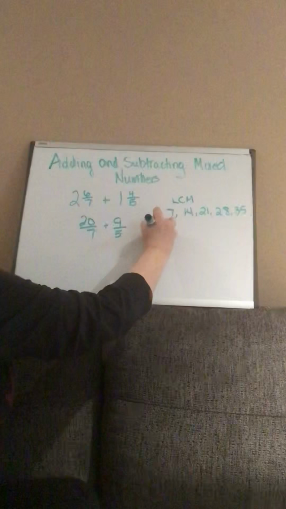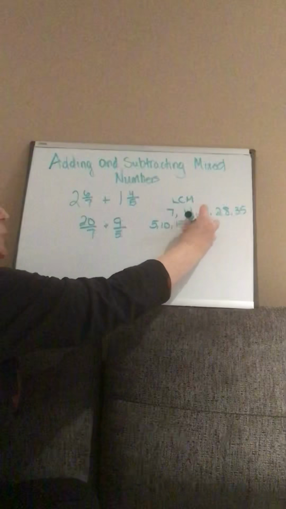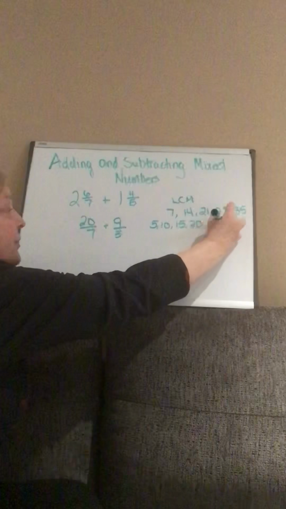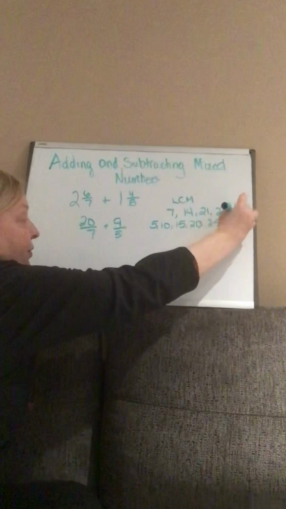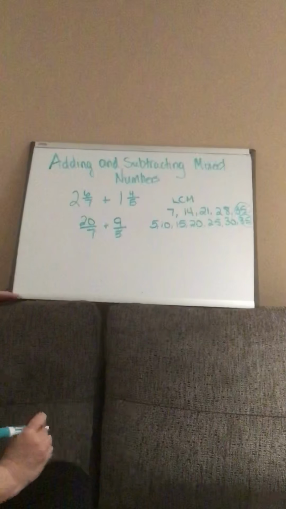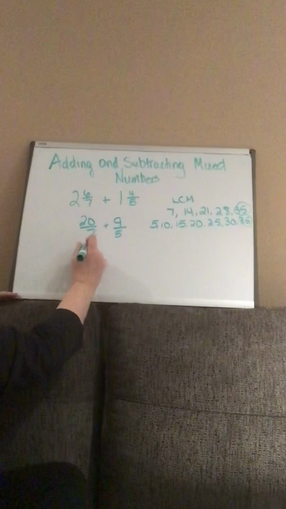Multiples of 5 are 5, 10, 15, 20, 25, 30, 35. 35 is my lowest common multiple. So that's going to be the common denominator I'm going to use.